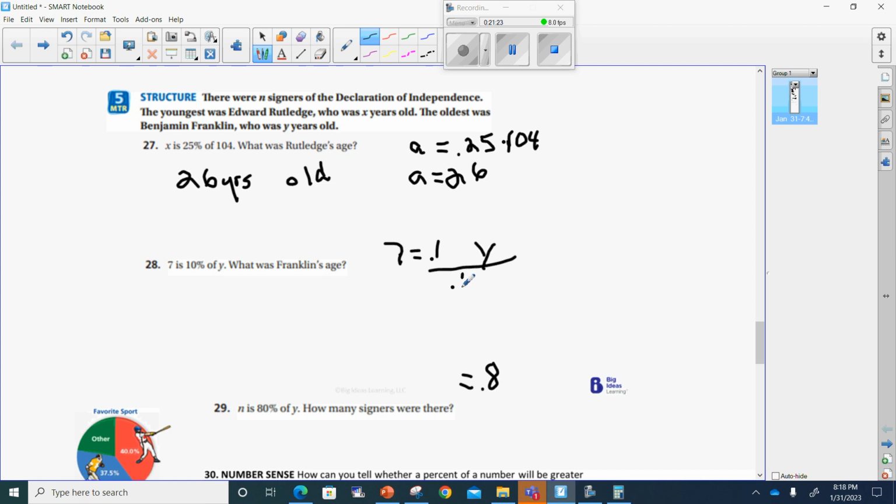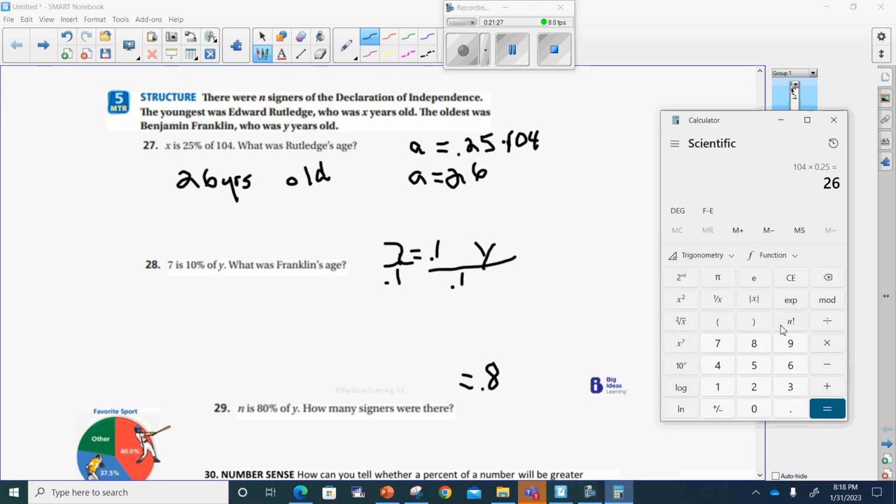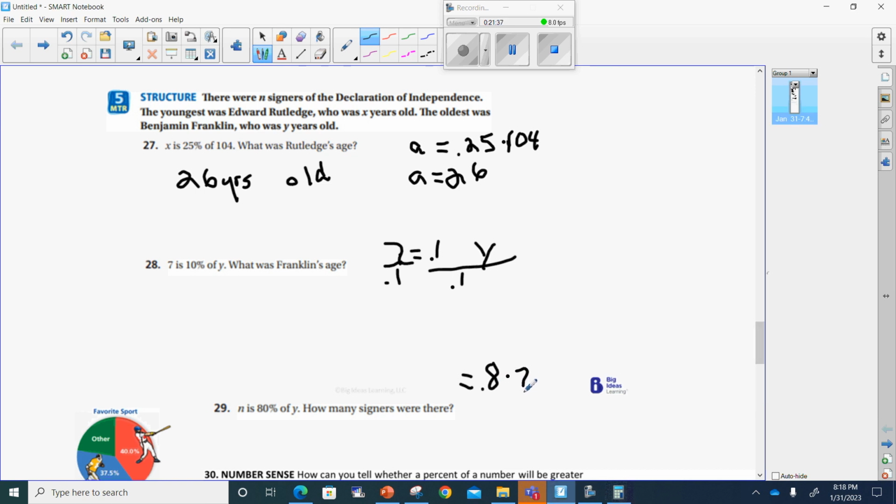That means I'm dividing by 0.1. And 7 divided by 0.1, let's see what we get there. 7 divided by 0.1 is 70. So Franklin was 70. That means I'm multiplying this to 70.